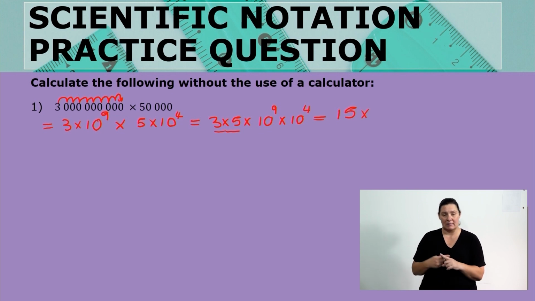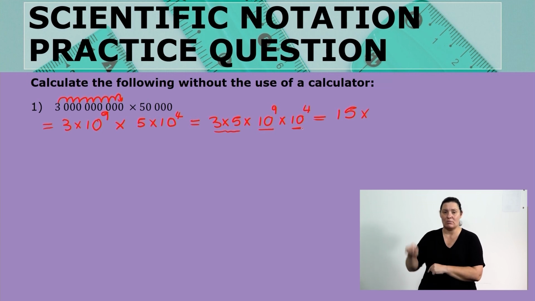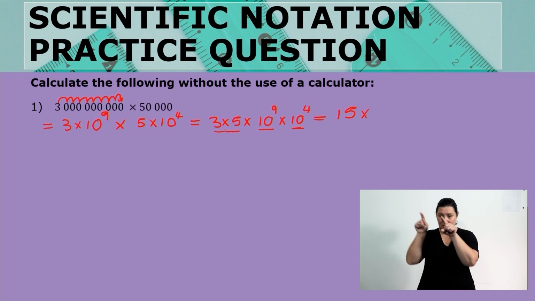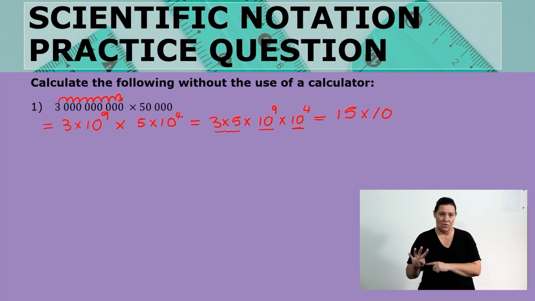And now we are going to multiply that with 10 exponent 9 and 10 exponent 4. So remember, when bases are the same, we are going to add the exponents. Those are one of the exponent laws. So this means that we are going to say 9 plus 4, and that is 10 exponent 13.